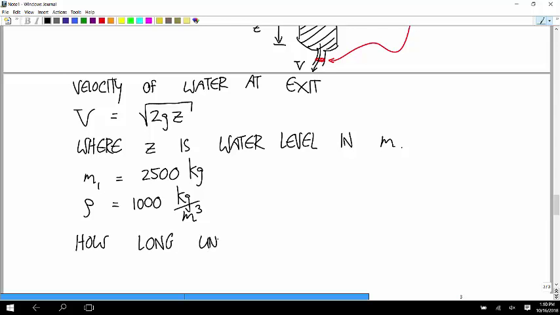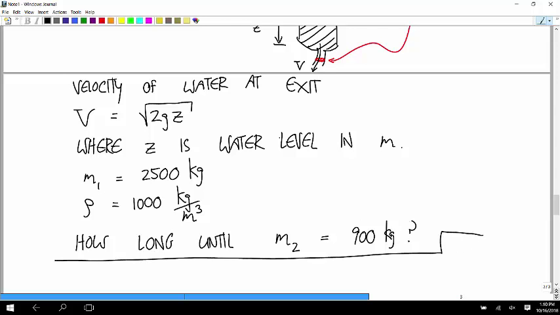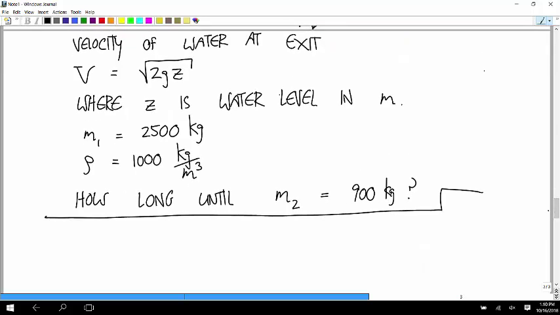How long until M2 is 900 kilograms? So how long until we lose 100 kilograms of water? Okay, well, conservation of mass, so dm in the control volume, dt, is equal to the rate of mass coming in, minus the rate of mass going out.